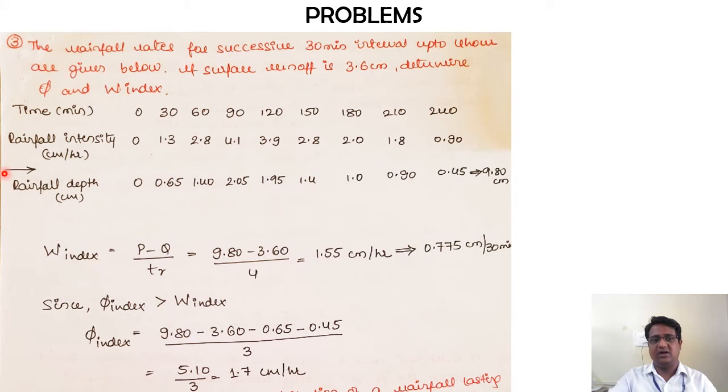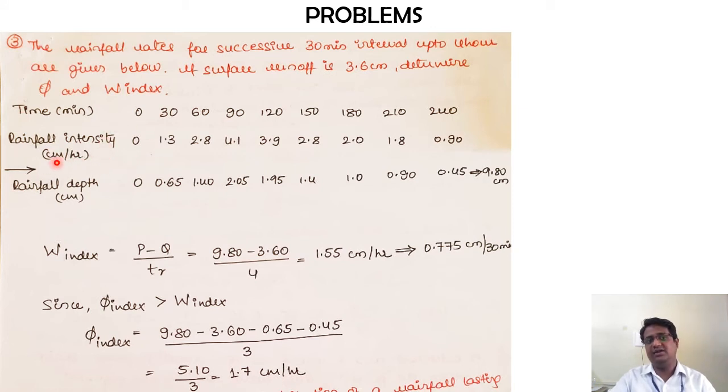Now, our formulas for W index and phi index are going to remain exactly the same. There is no difference there. The only thing we need to concentrate on is that the intensity is given per hour. So don't blindly take these values and go for the calculations. You need to first understand this.